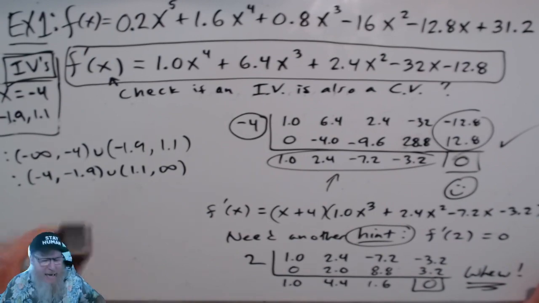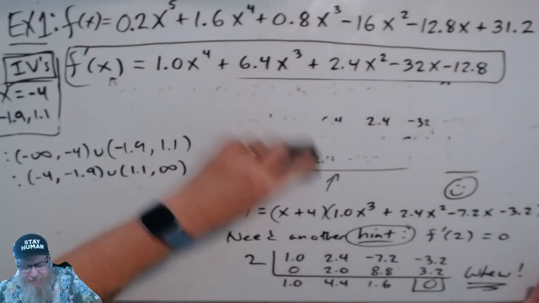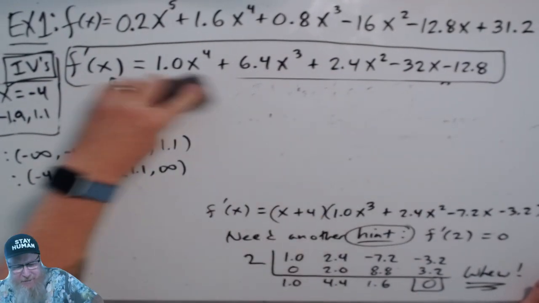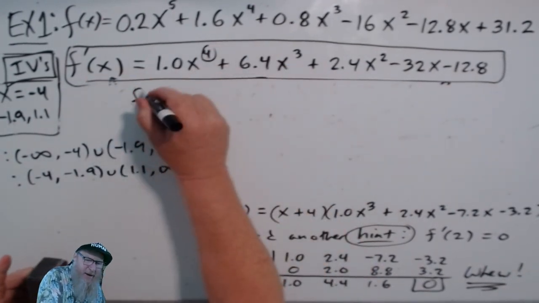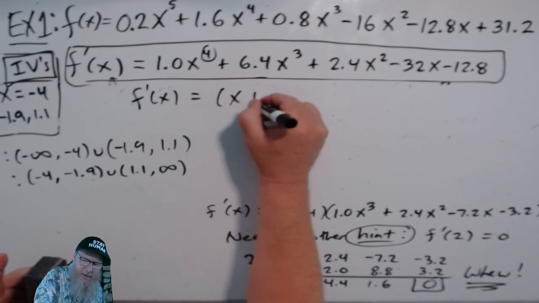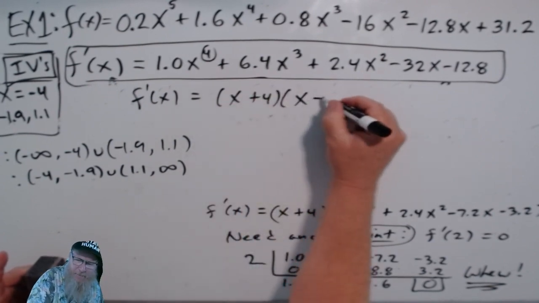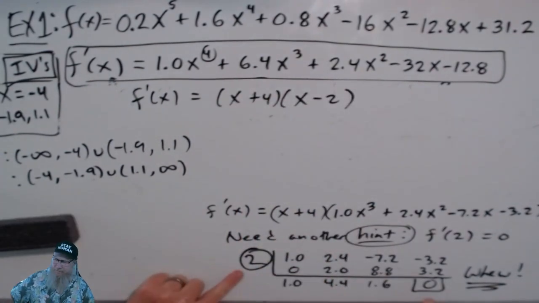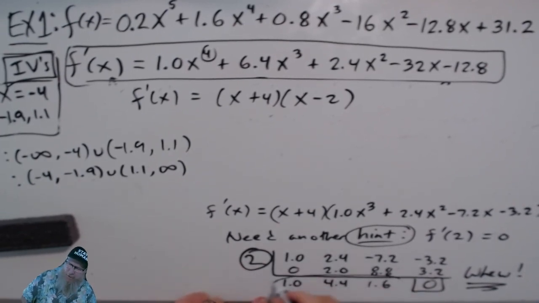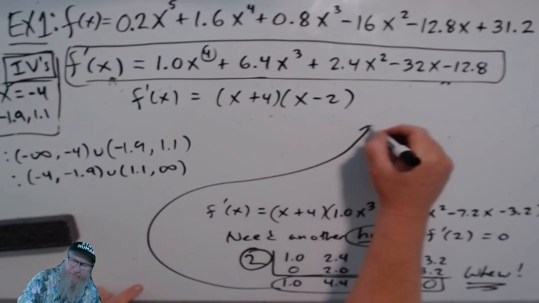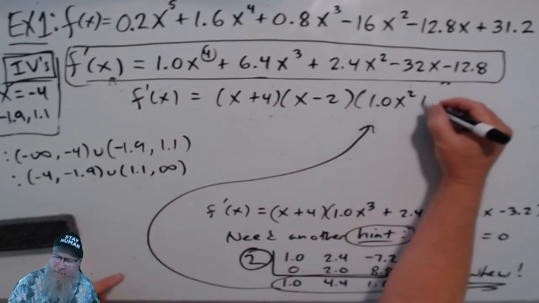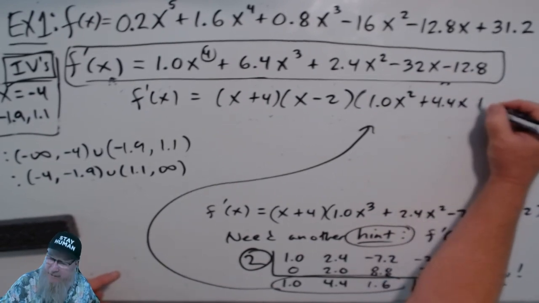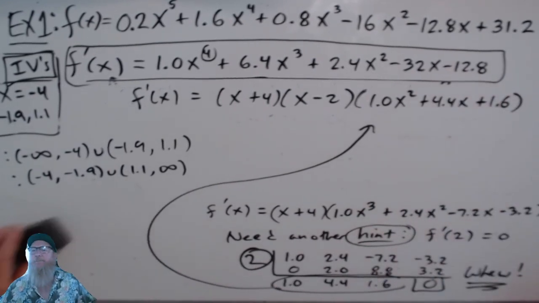All right, we got it. So we have now 4 critical values, right? Because look, the degree is 4. So f prime of x is x plus 4, x minus 2, because 2 worked. And then we have this polynomial, 1.0 x squared plus 4.4x plus 1.6.